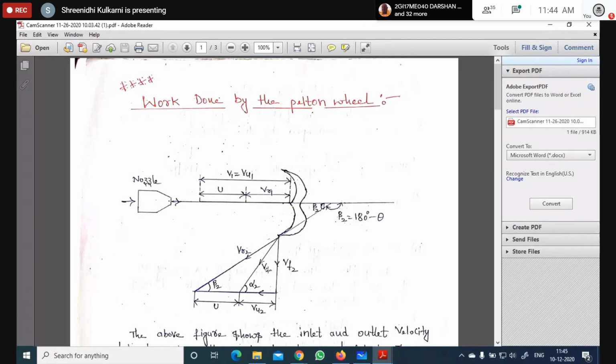So draw the velocity triangle. From the inlet velocity triangle, find VR1. VR1 is equal to V1 minus U. Finished? Yes, sir.